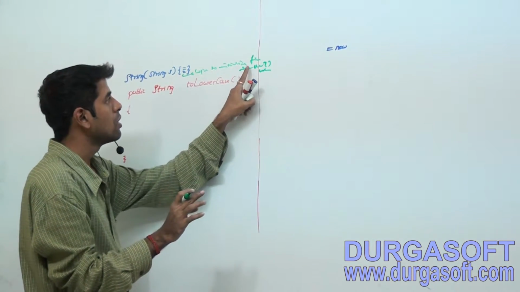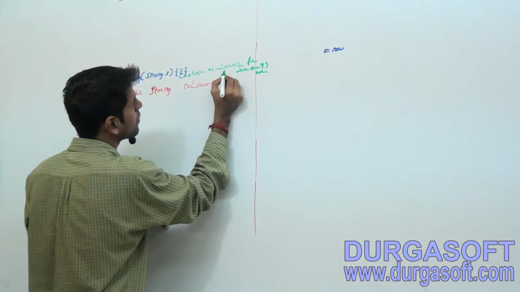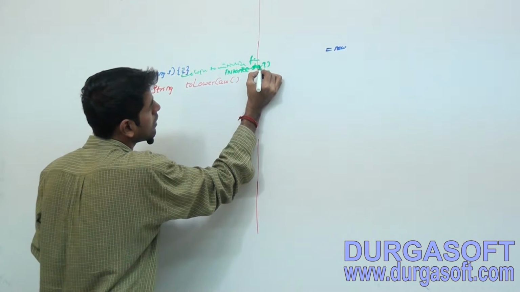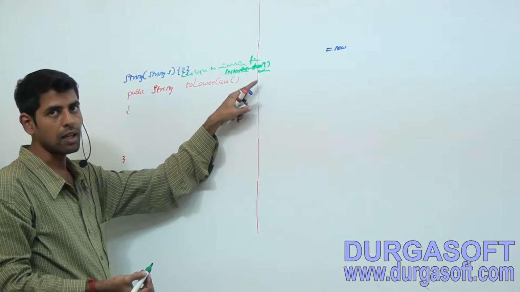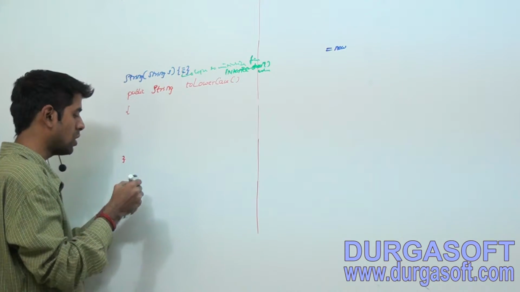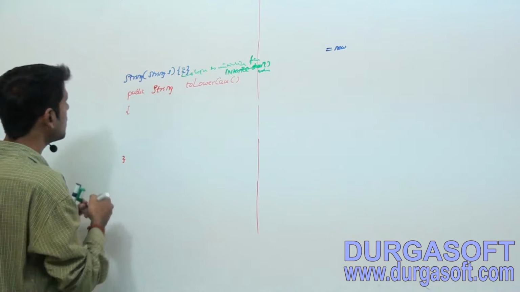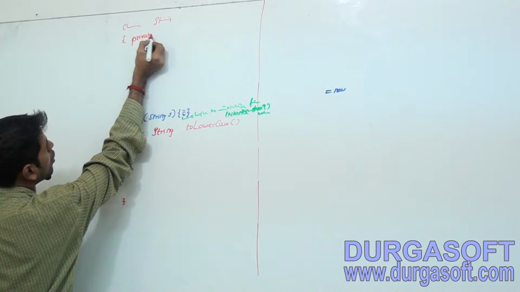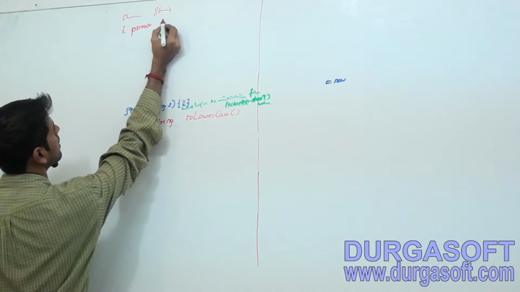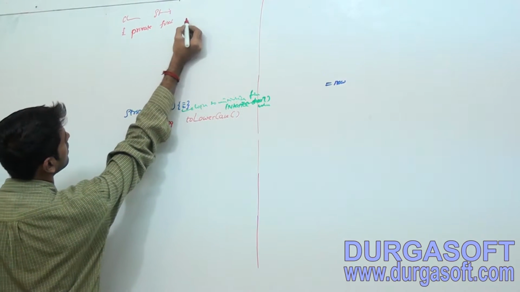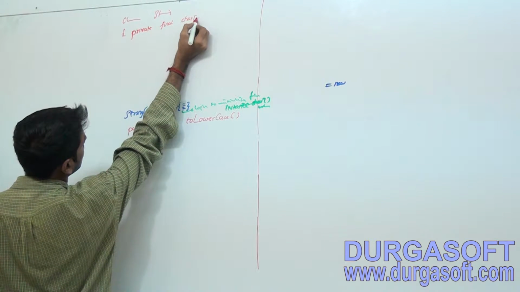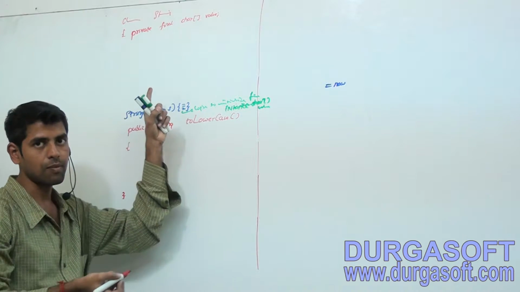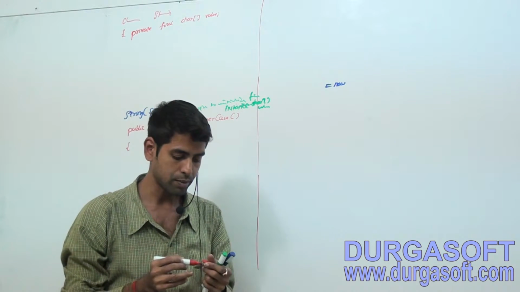Where is the final instance char array value? It is available within our String class, which has access modifier private, and it is final. Type is what? Char array value. Getting, guys? Char array value.